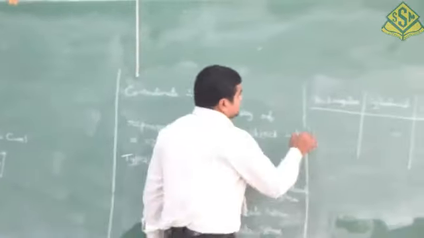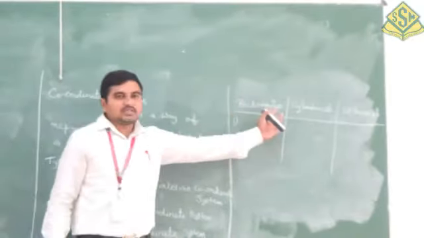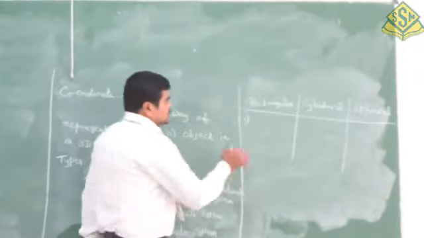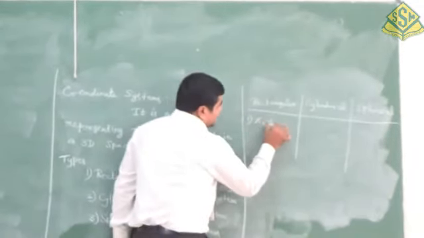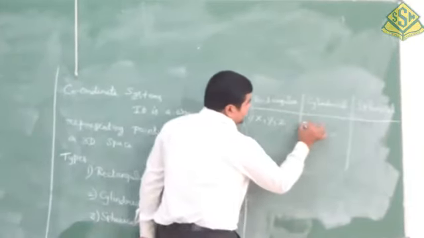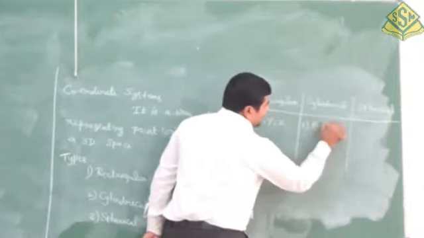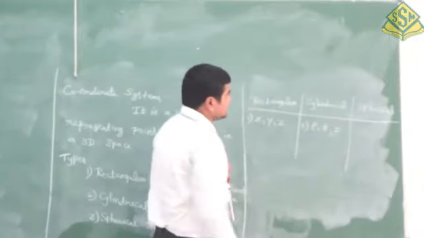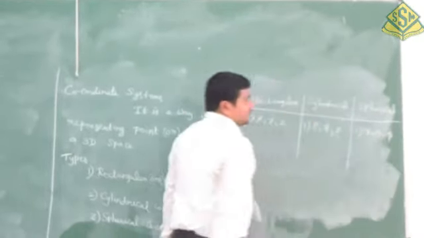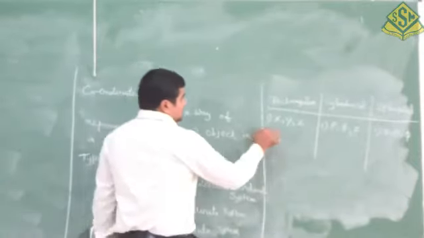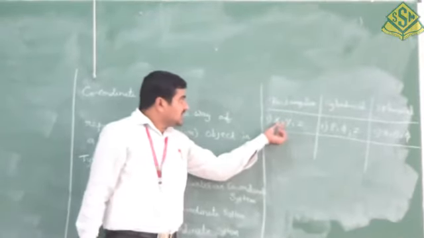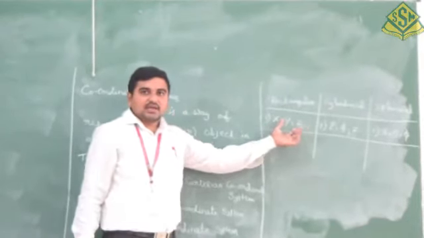First, all these coordinate systems consist of three axes. In the rectangular coordinate system we have x, y, z axes. In the cylindrical coordinate system we have rho, phi, z axes. Likewise in the spherical coordinate system we have r, theta, phi. So x, y, z are the axes.